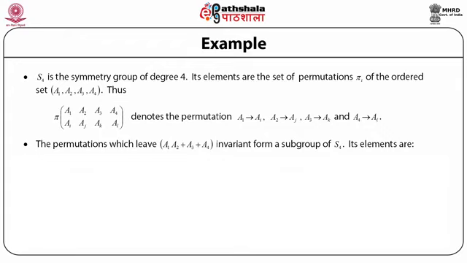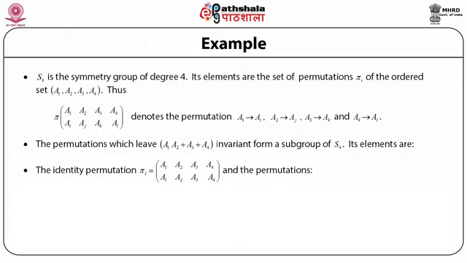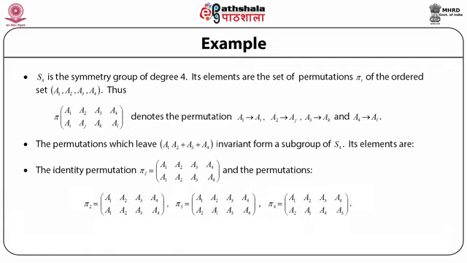What are the elements of this subgroup? Number one, we have the identity permutation, where A1 goes to A1, A2 goes to A2, A3 goes to A3, and A4 goes to A4. Obviously, the expression A1 A2 plus A3 plus A4 remains unchanged in this permutation. The second permutation is one where A1 and A2 remain unchanged, but A3 goes to A4 and A4 goes to A3.